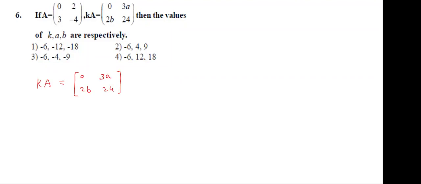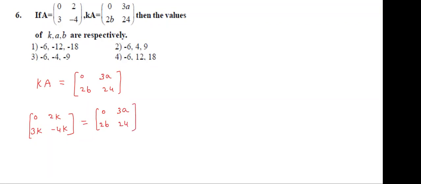K into A: K into 0 is 0, next 2K, next 3K, next minus 4K, that is equal to 0, 3a, 2b, 24.